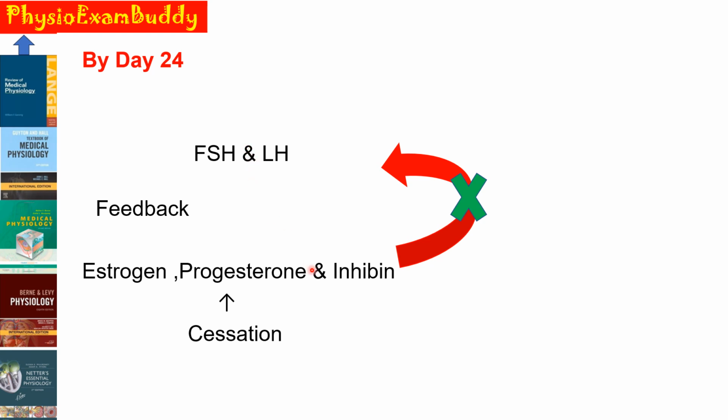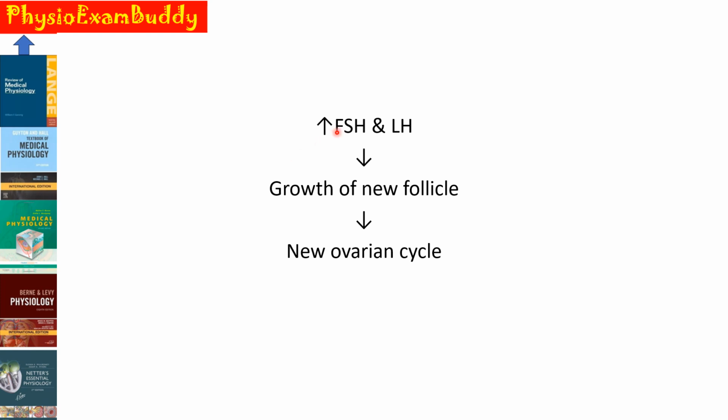But by day 24, because of the regression of the corpus luteum and its conversion into corpus albicans, there will be cessation of the estrogen, progesterone and inhibin. So the negative feedback effect on the FSH and LH will be absent. So what happens if the negative feedback effect is not on the FSH and LH? The FSH and LH secretion will begin to increase.